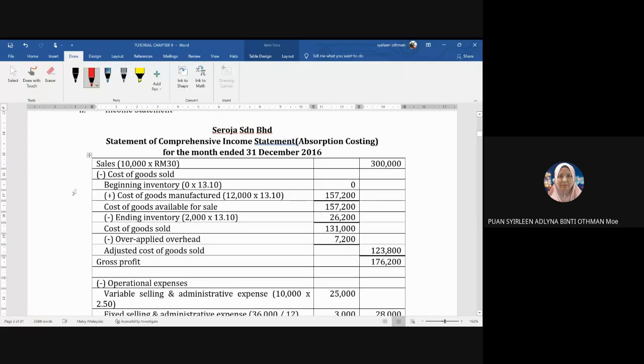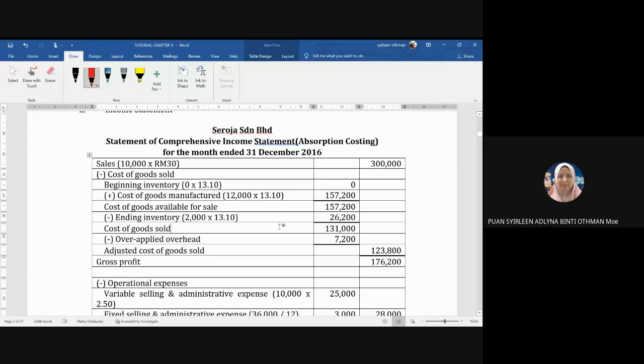Okay, lepas tu beginning inventory, kosong, darab RM13.10. This is the cost that you calculated earlier. Lepas tu cost of good manufactured, guna unit produce, darab cost. Okay, ending inventory, guna ending inventory unit, darab cost.